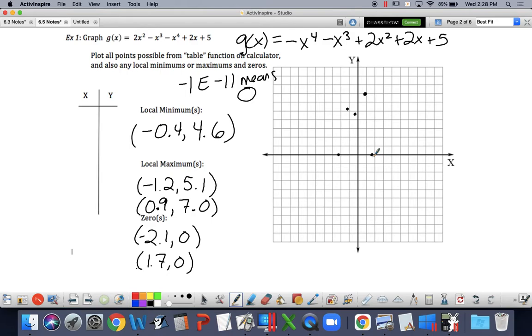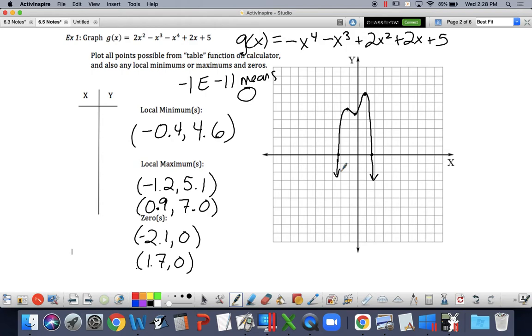Right, once you have these 5 points, you really just need to ask yourself, by connecting the dots with these 5 points, will I be able to correctly, accurately draw this picture? In my opinion, I think so, right? I think we've got all the important stuff that we need. We can go right ahead, connect the dots, and draw our polynomial.